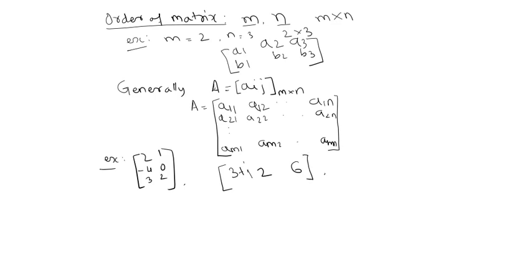One more we can have, say 1, 5, 9, say 2.4, 3, 6.9, 7, 8.2, 3, etc. Similarly, we can have many number of matrices.